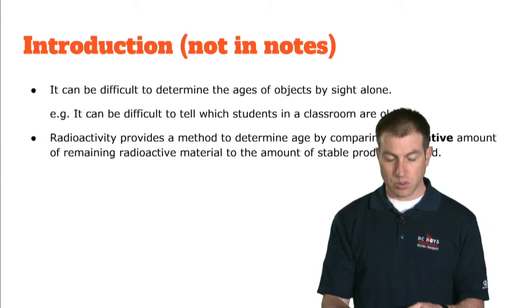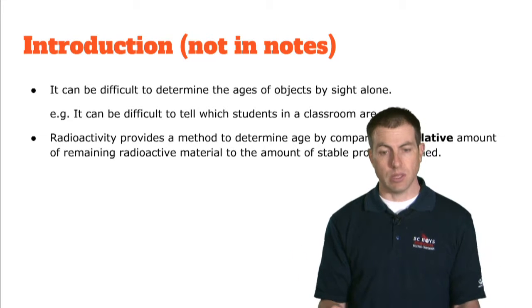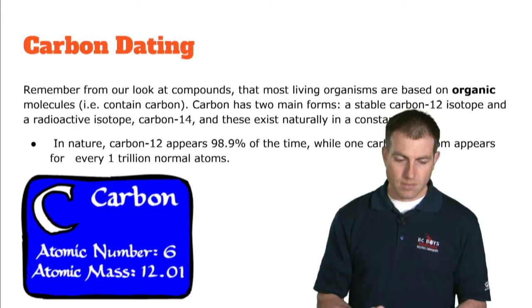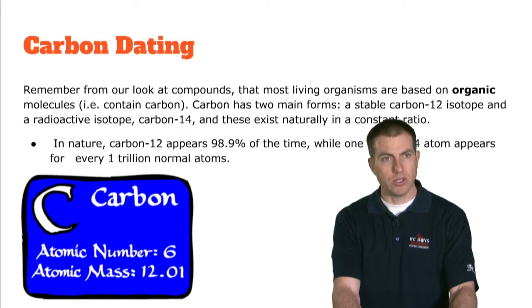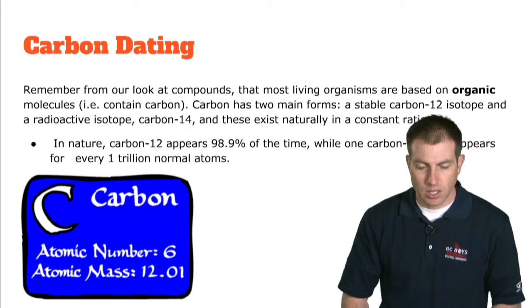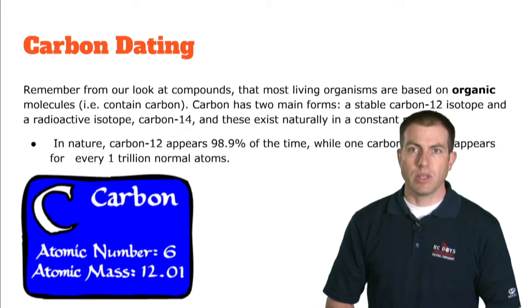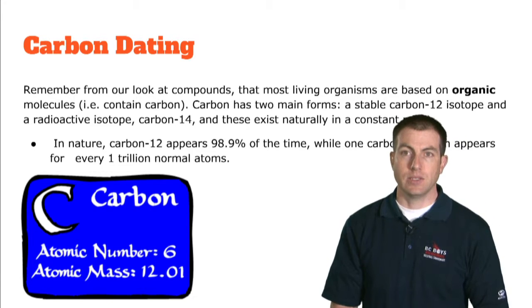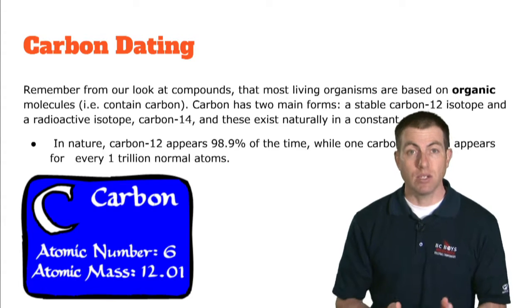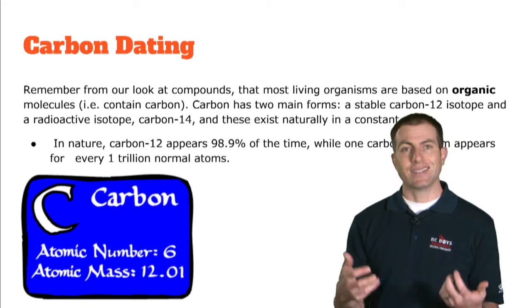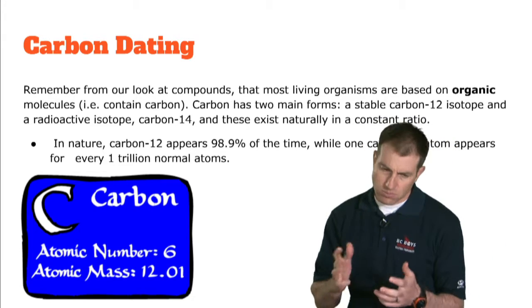So this works for really large time scales. And probably the most common one you'll hear of is carbon dating. Now, every living thing on Earth contains carbon. All life on Earth is carbon-based. So anything that is living or was once living has carbon in it, generally speaking.